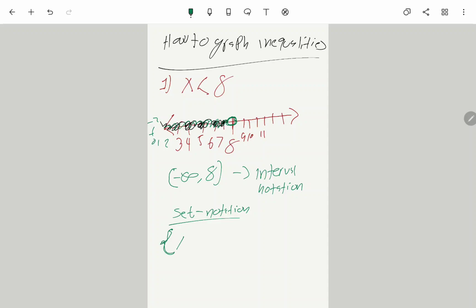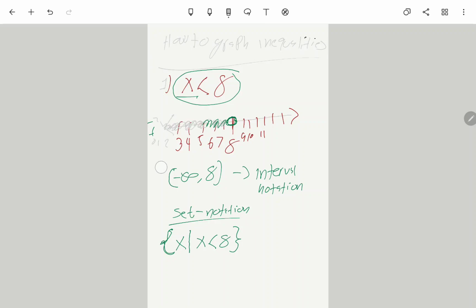Okay, x, because it's your letter x. Then you put your interval or inequality. So it's x again, less than 8, then close the bracket. And that one is set notation.